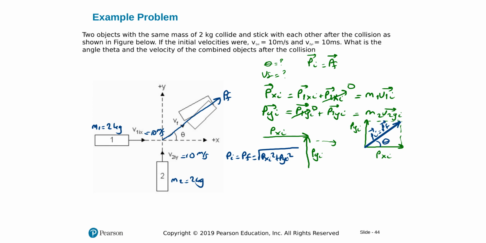So you find those values. Px initial, M1 V1 initial, and Py initial is M2 V2 initial. That's it. Put them in here, you'll find a P initial, which is equal to P final value as 28.28, so about 28.3 kilogram meters per second.